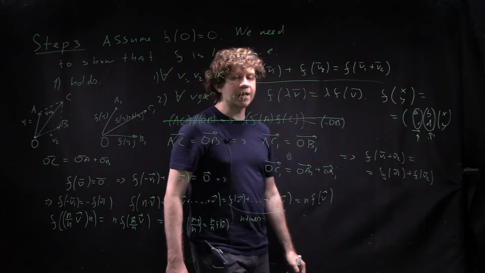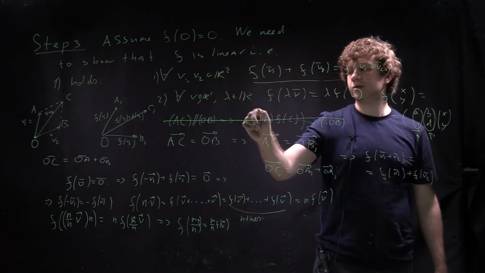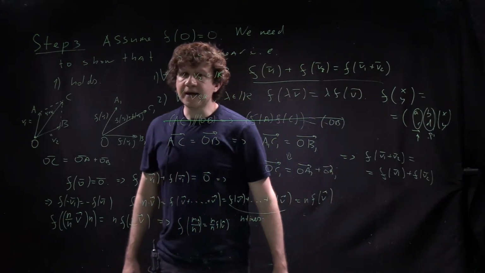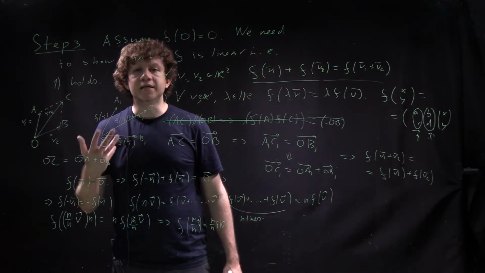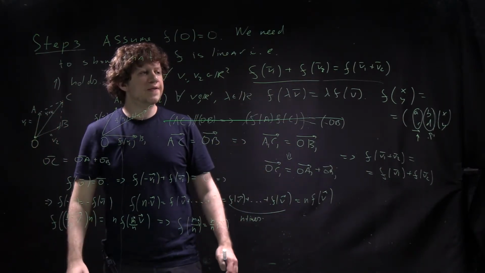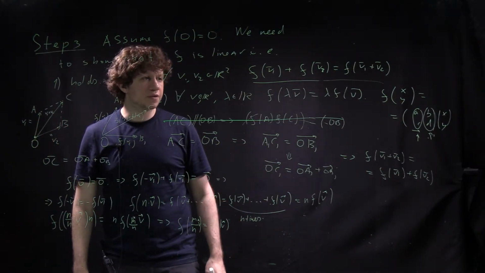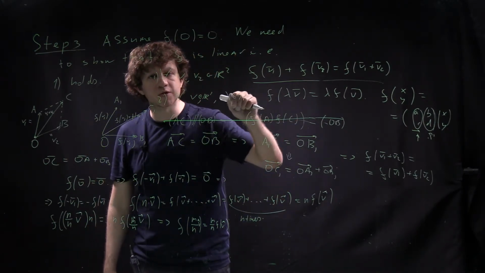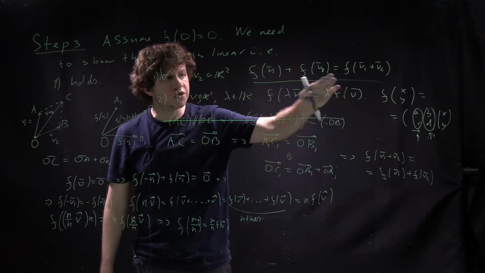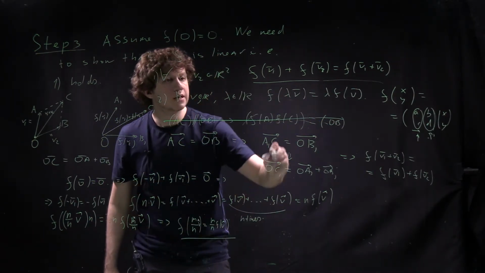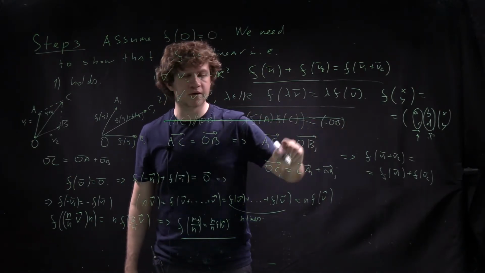Okay, so the question is how to pass from lambda being real to lambda being rational. If you assume that f is a continuous map in the sense of calculus of 2 dimensions, then it will immediately follow, because you can take lambda being any real number and construct a sequence of rational numbers converging to it and use continuity to deduce that if this is true, then this is true for any real number.